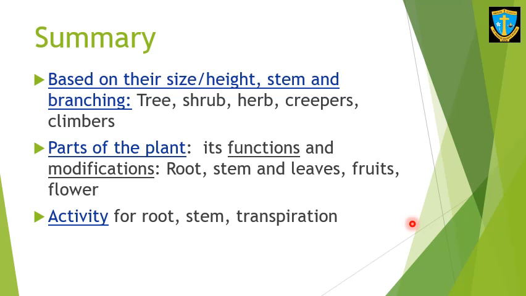We have seen the activity for root. You can do the activity for stem also, and the transpiration process. There are other activities present in the textbook. Okay, you can try them out. Also, we have seen two carnivorous plants. There are more. You can find them out.